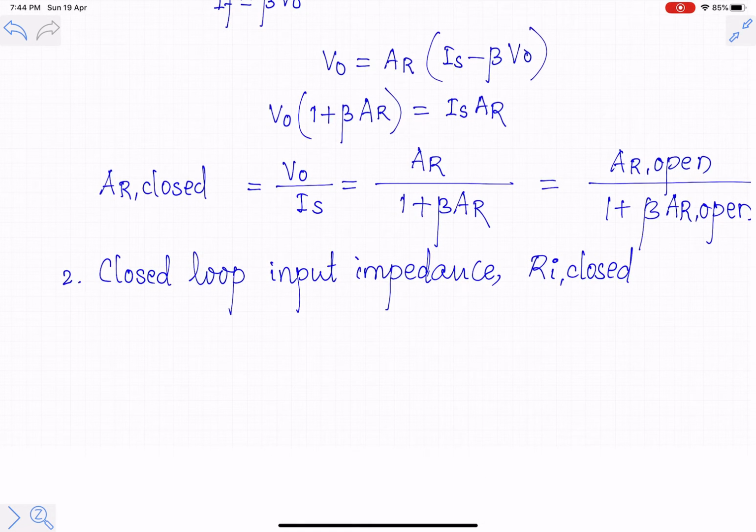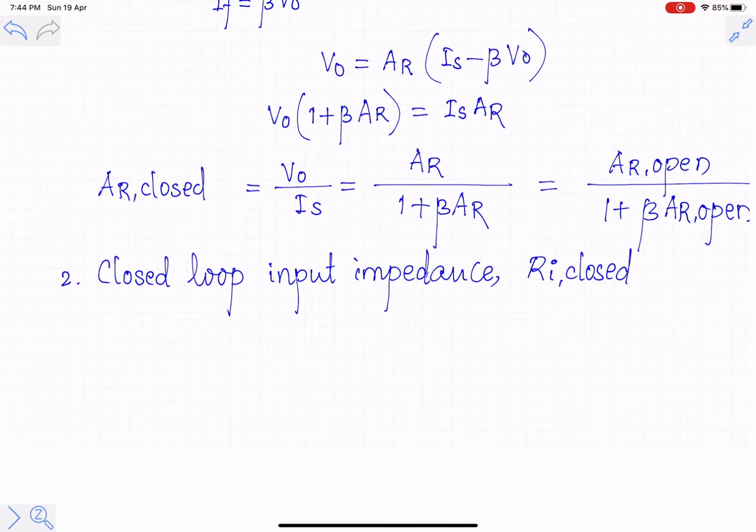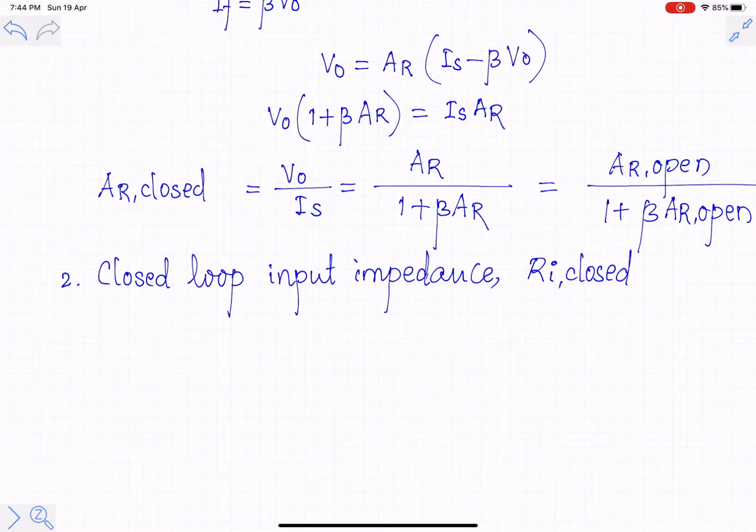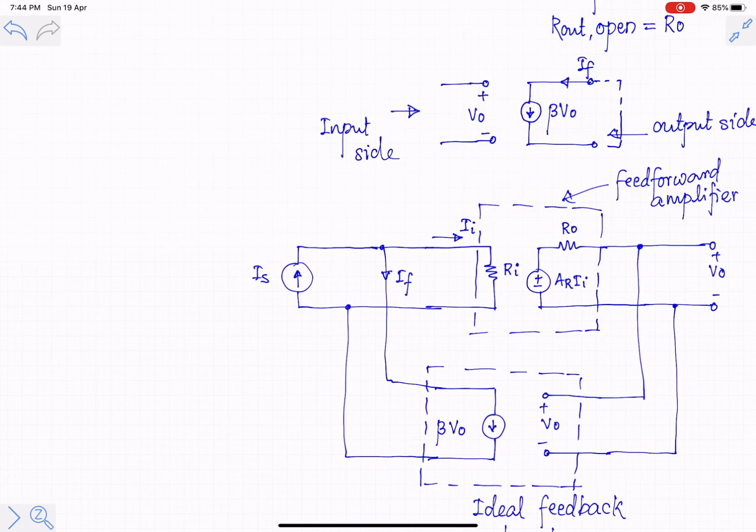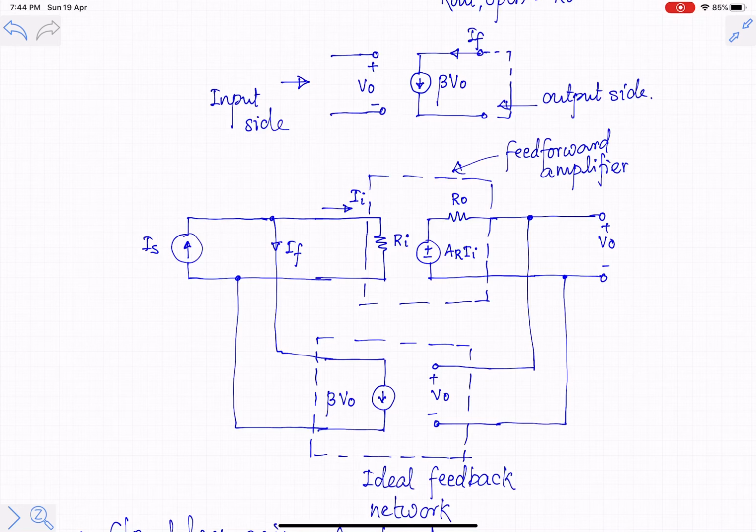To calculate Ri closed, in this amplifier on the input side we will apply a known voltage source. So I will delete this and apply the known voltage source Vx, and we try to find out what is the current Ix drawn from it. Vx by Ix will give us the closed loop input impedance.